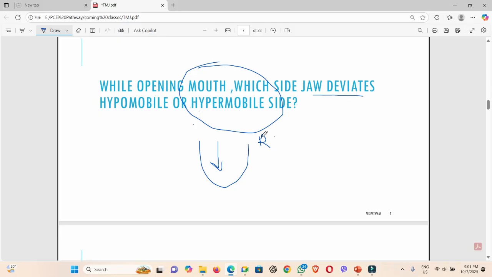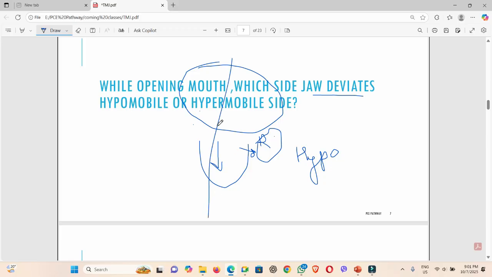Hypo. It is because hypomobile is the tight side. Whichever side is tight, the jaw will deviate towards the same side.